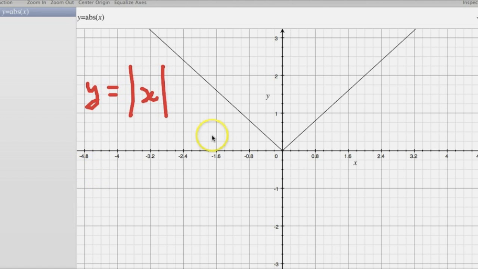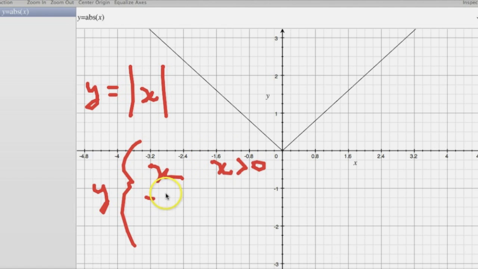As we're going to try to take the derivative of this function when x equals 0, I'm going to write this out in a form that's easier to take the derivative of, and that's as the piecewise function: y equals x when x is greater than 0, and y is equal to negative x when x is less than 0.